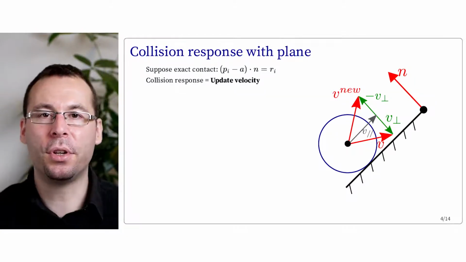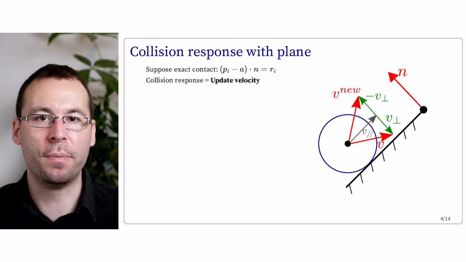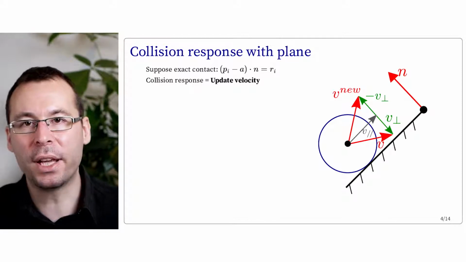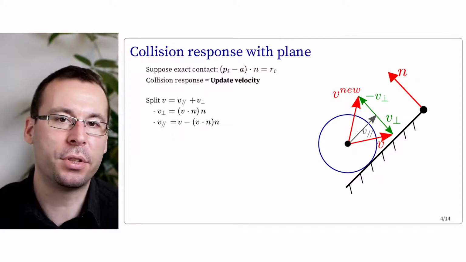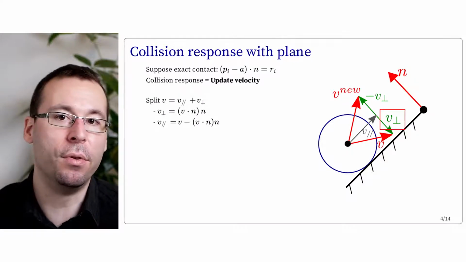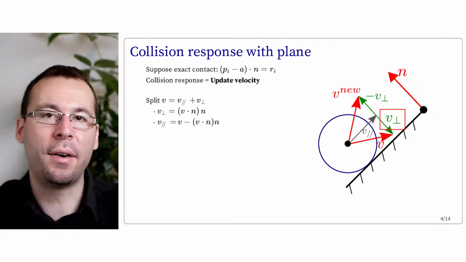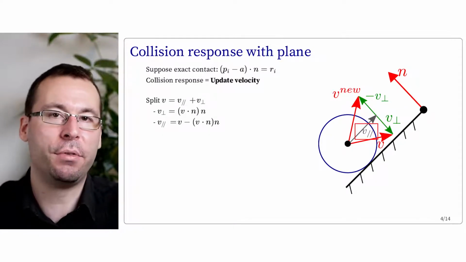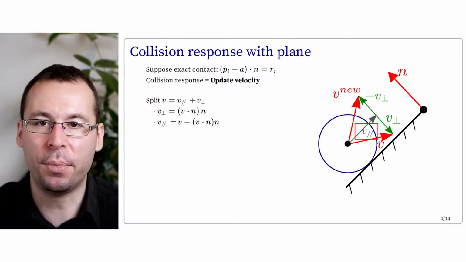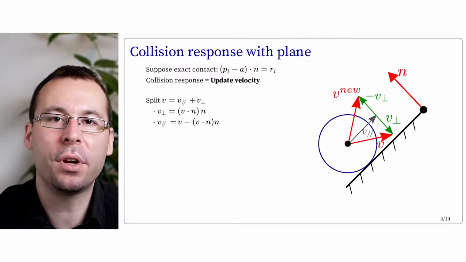The response to the collision is actually an adaptation of the velocity. As the sphere should bounce out of the plane, we can decompose the velocity into two local components. A component along the normal direction, that we call v orthogonal, and this component should be negated after the impact. And a component which is parallel to the plane, that we call v parallel, and this component should remain the same after the impact.